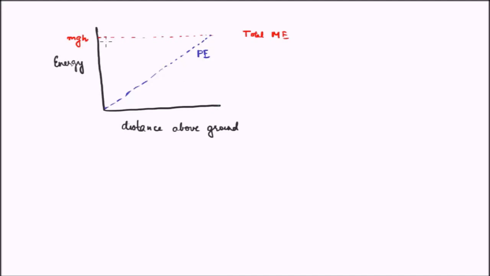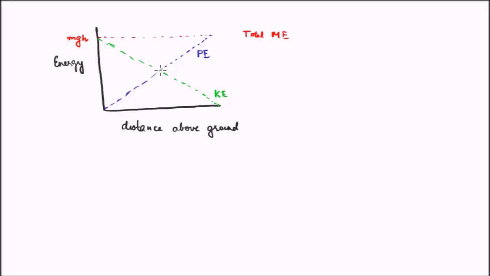So now this will be again a linear plot, but of the opposite nature. That is, as the potential energy is increasing, the kinetic energy is decreasing, and the kinetic energy is maximum at the surface and minimum at the highest point. Potential energy is maximum at the highest point, minimum at the surface, and the total mechanical energy, that is the sum of kinetic and potential energy, remains constant throughout the process. This is exactly what we had seen mathematically.